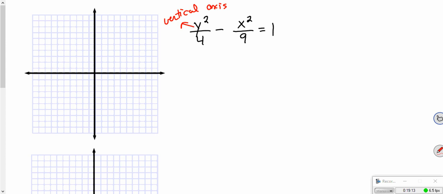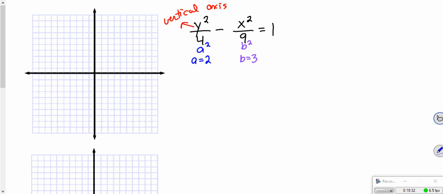Now, this is my a squared, so a equals 2. This is my b squared, so b equals 3.